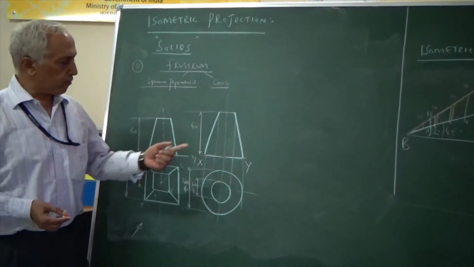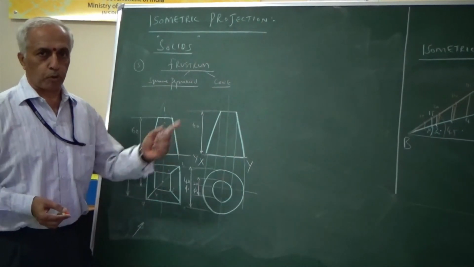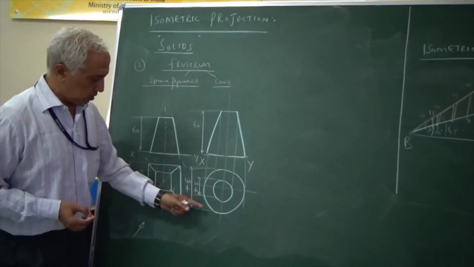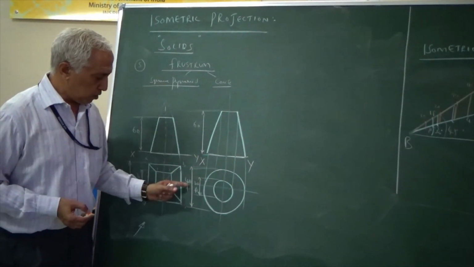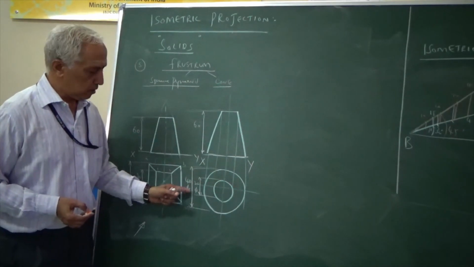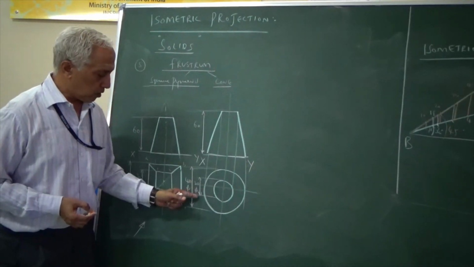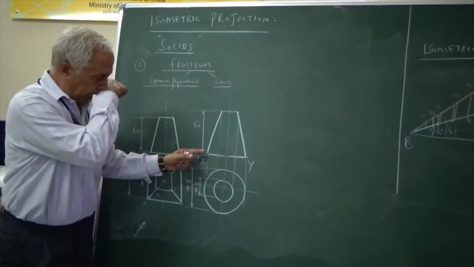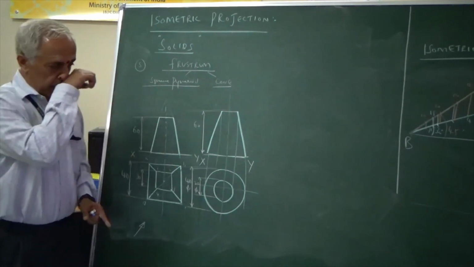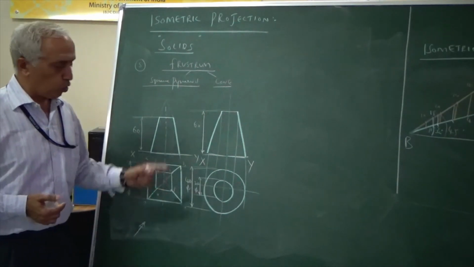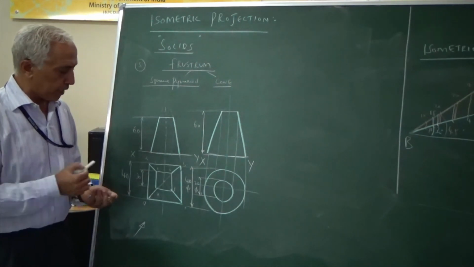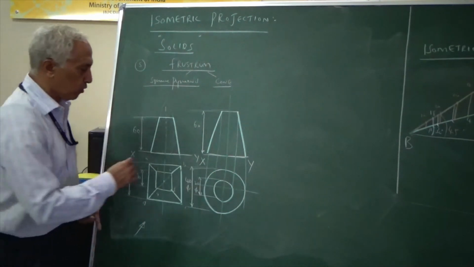This is the iso projection of a frustum of a square pyramid. To draw the frustum of a cone in iso projection, given base of the cone 40 mm diameter, top of the cone 30 mm diameter, height 60 mm. You know that in case of a cone and cylinder, we have to enclose the circle in the top view with a square.